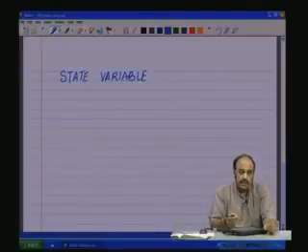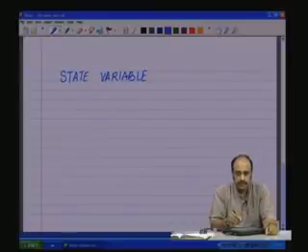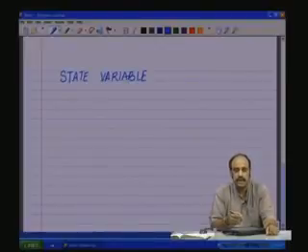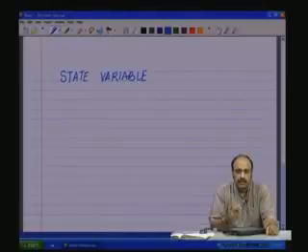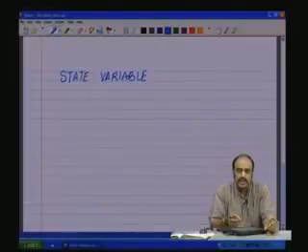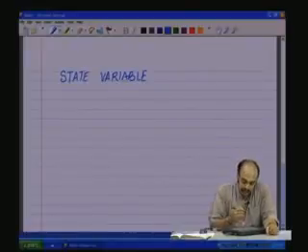The variable associated with the energy storing elements, for example, in the case of the inductor, the current is the variable that is associated with the energy storage, because it is kinetic energy that is getting stored in the inductor. So, the current becomes a candidate for being considered as a state variable. And in the case of the capacitance, which is a potential energy storing element, the voltage can be a candidate for being considered as a state variable.